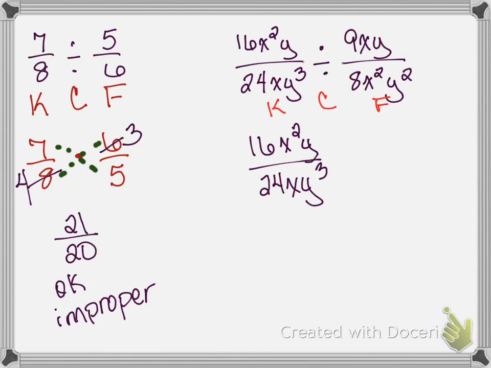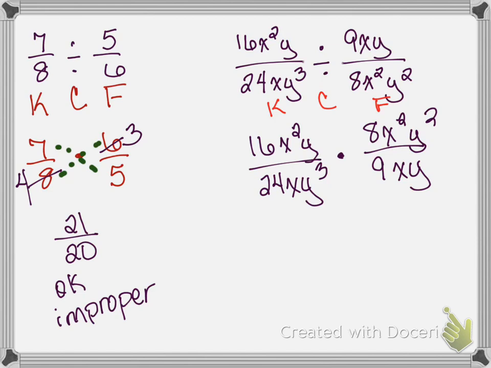My division sign, I turn to multiplication. My 8x squared y squared goes to the numerator. My 9xy goes to the denominator. I have flipped. The mathematical term for that is reciprocal. Okay?